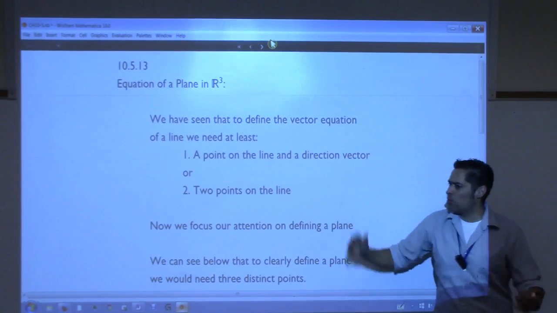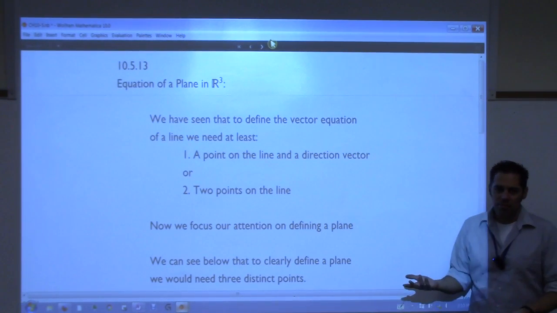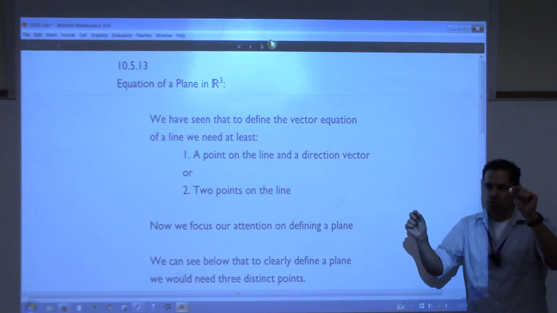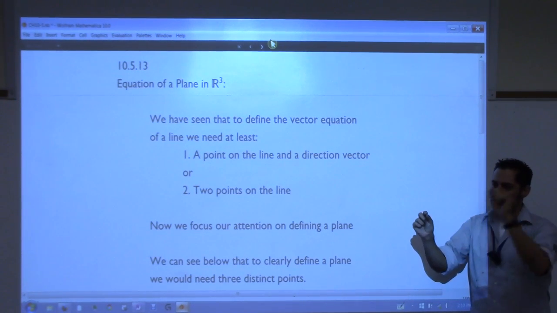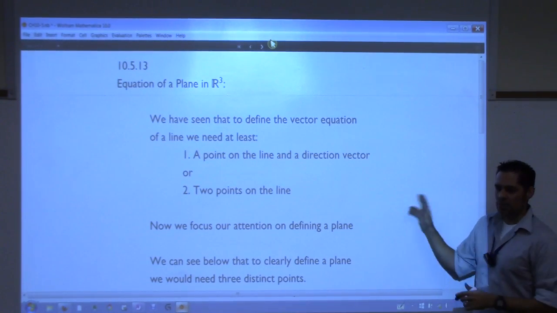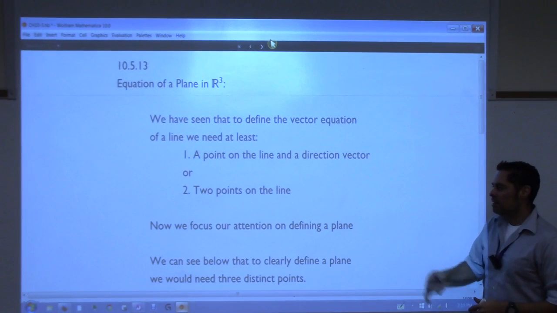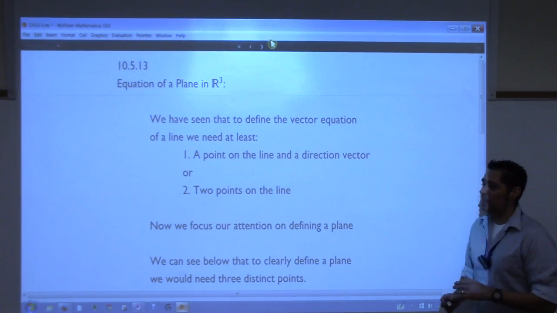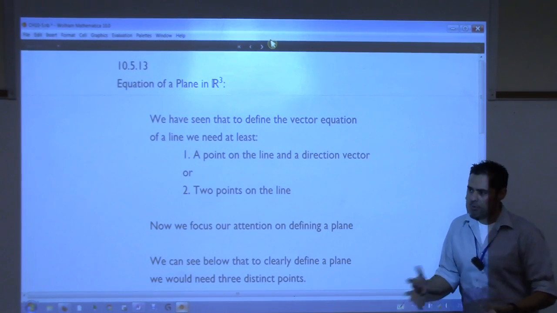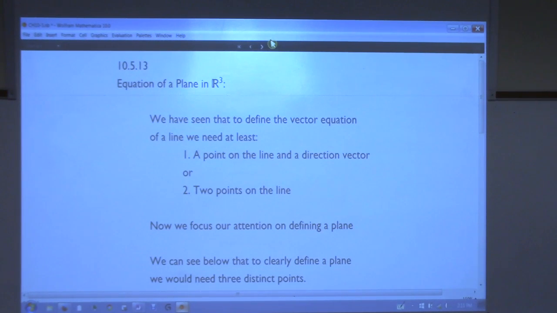So either one of those worked. And back in college algebra, it was the same thing. If someone gave you 2 points, you could find the slope, and then use that equation. Or if someone gave you the slope and a point, you had a formula. So same thing, slope and point, or 2 points. Now we're focusing on defining a plane.